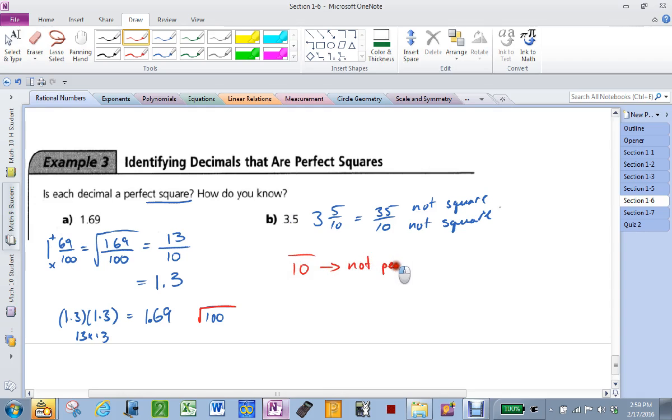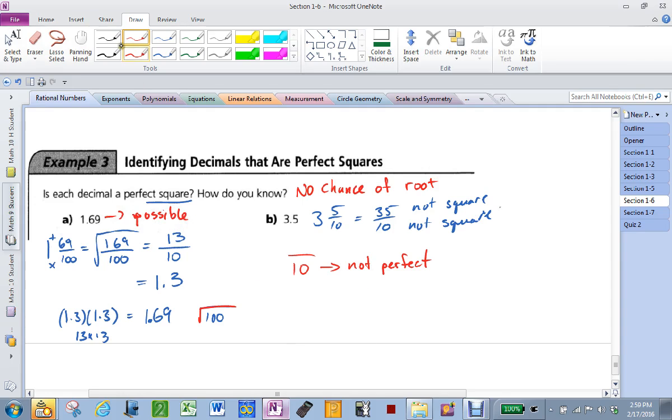Not perfect. So if there's 1 decimal place, there's no chance of a root. But if there's 2 decimal places, it's possible.